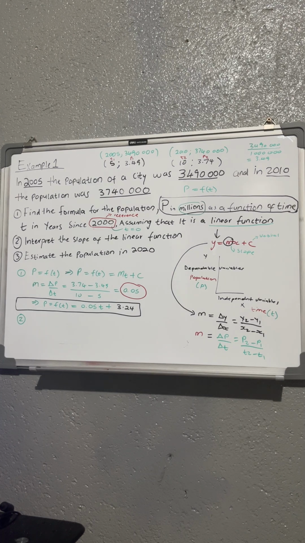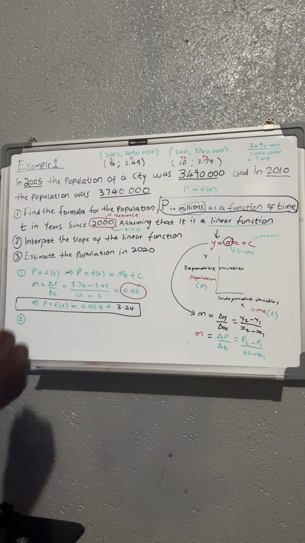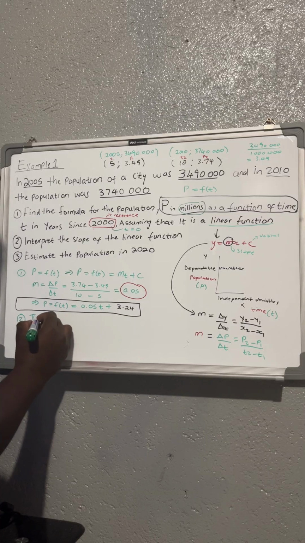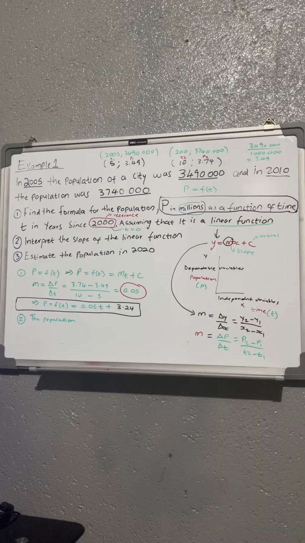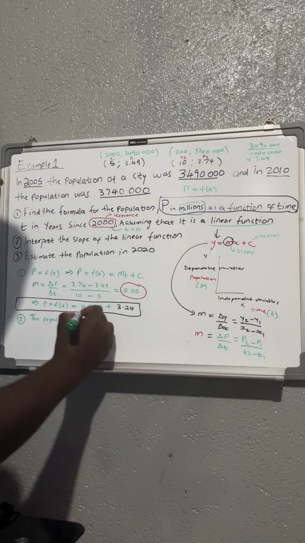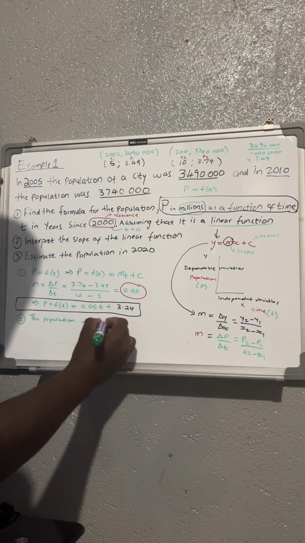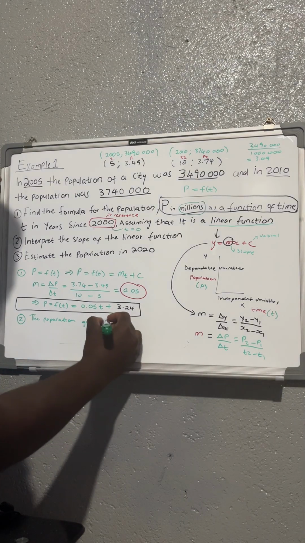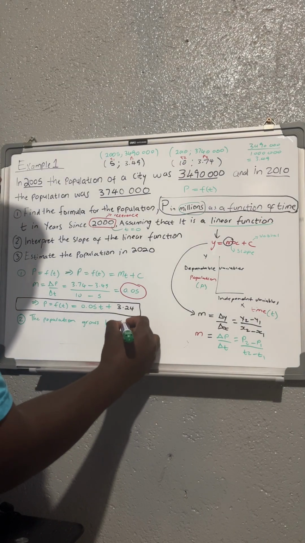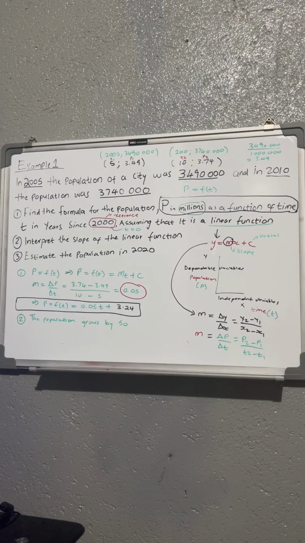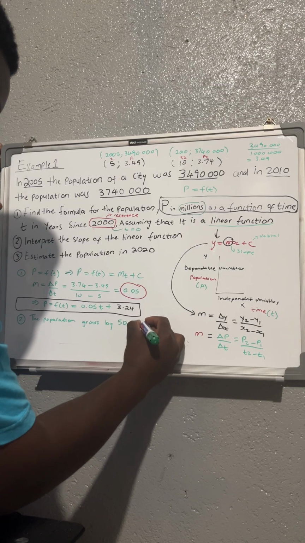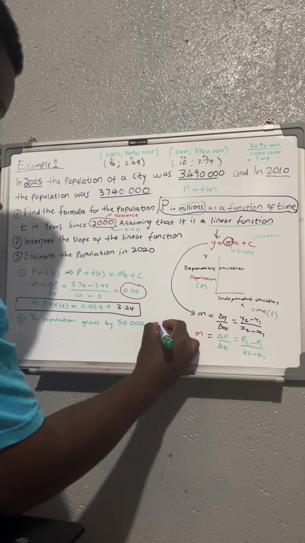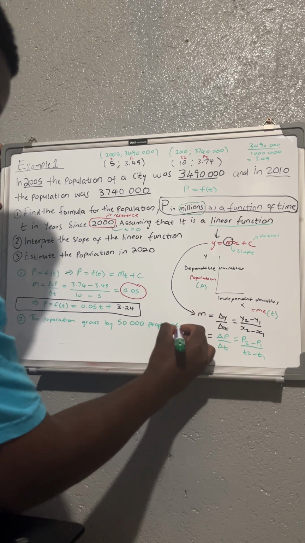So what does this mean? It means the population grows by 50,000 people per year.